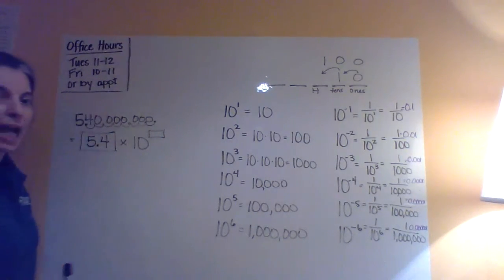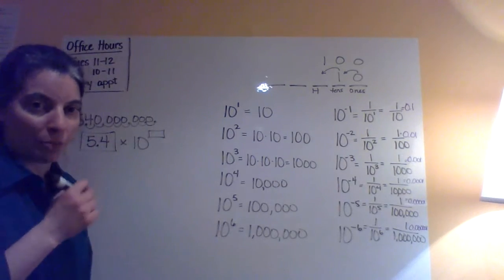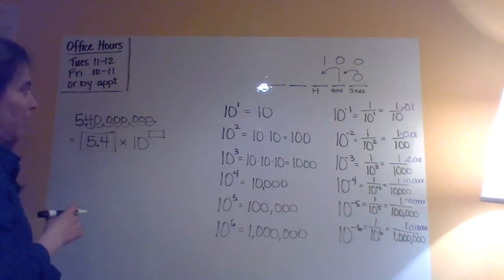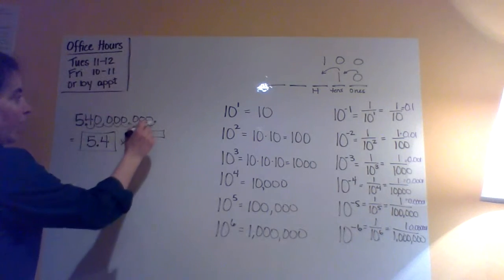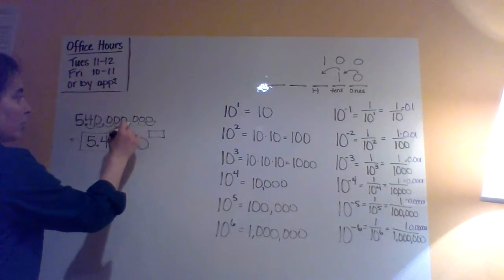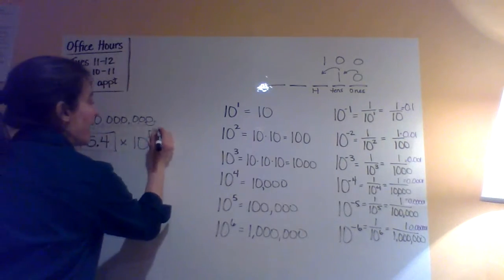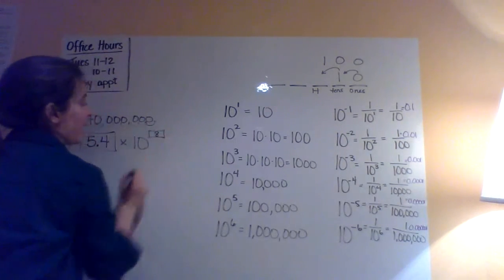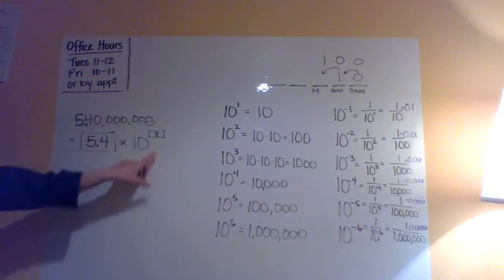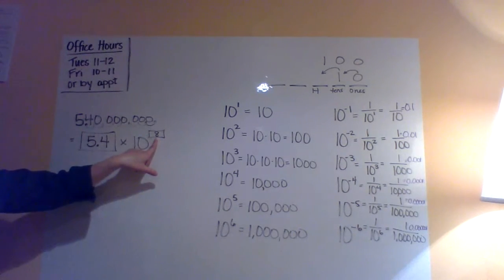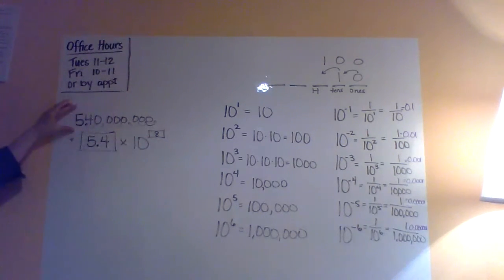So I want to see how many times I moved that decimal point over, or how many times this number got shoved over. I moved it over 1, 2, 3, 4, 5, 6, 7, 8. So I know right now that my exponent is either going to be 8 or negative 8. Well, the way I know is by whether this is a big number or a small number to start out with.